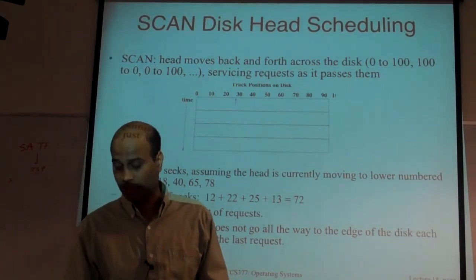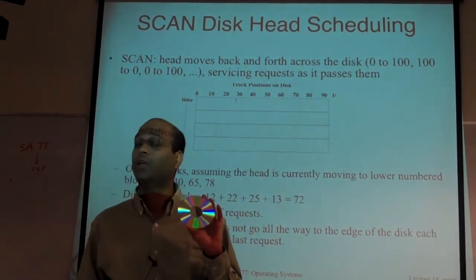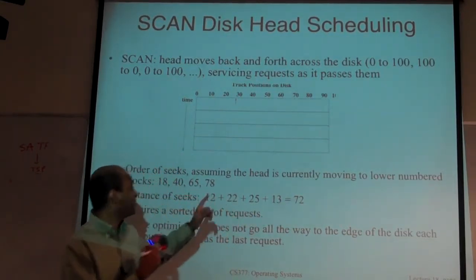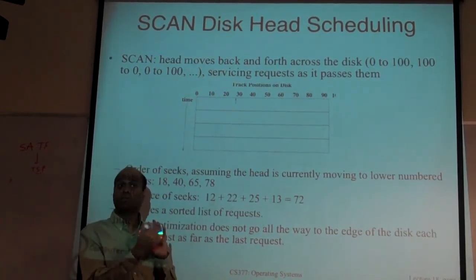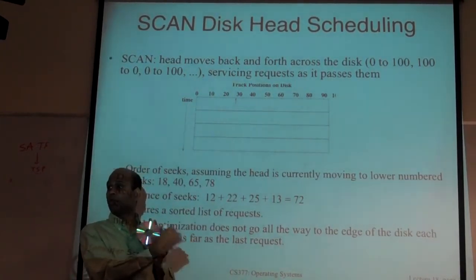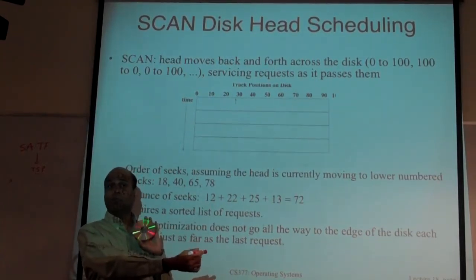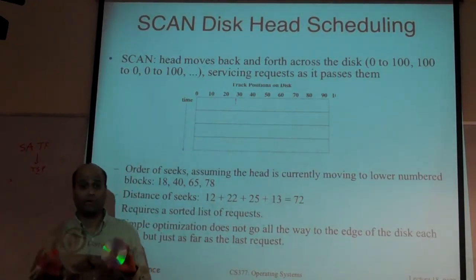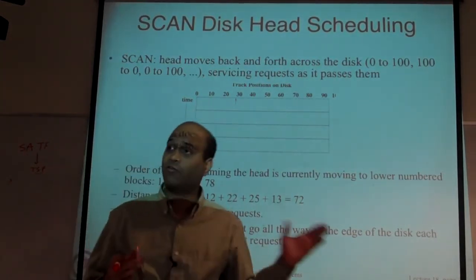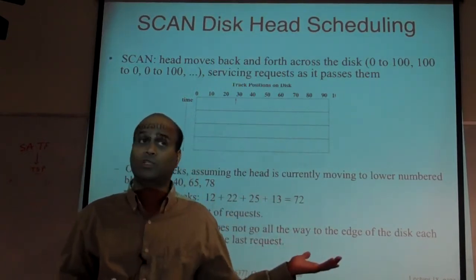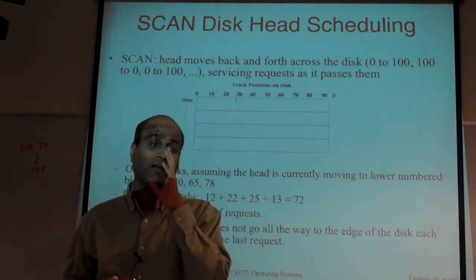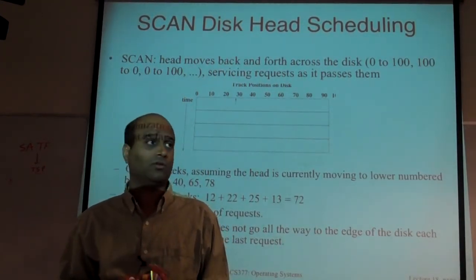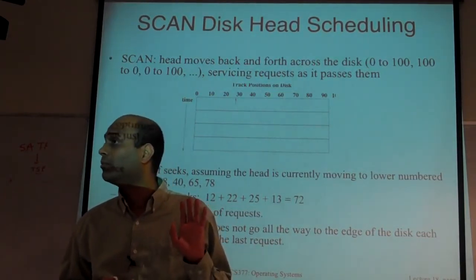What scan will do is you always start on the innermost track, and you start sweeping outward. As you reach a track where there is an outstanding request, you stop, service that request, and continue until you reach the end. Once you reach the end, you change direction and start scanning backwards. That's called elevator scanning. So you scan from 0 to 100 in this case, and 100 to 0. It's a simple algorithm.